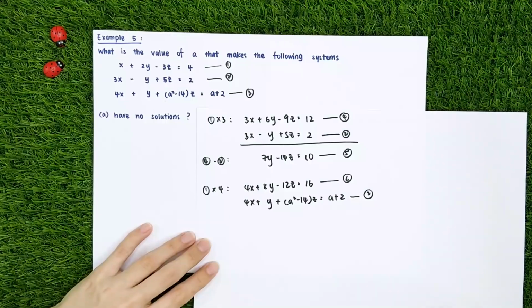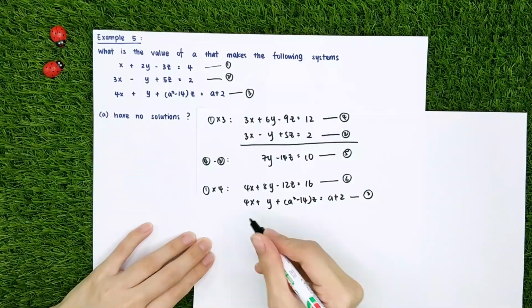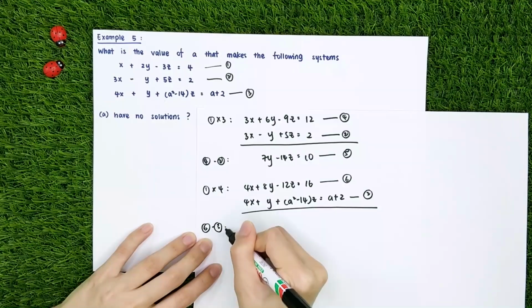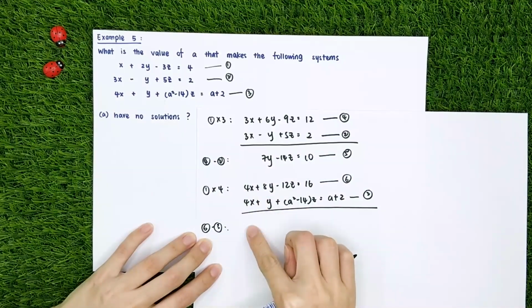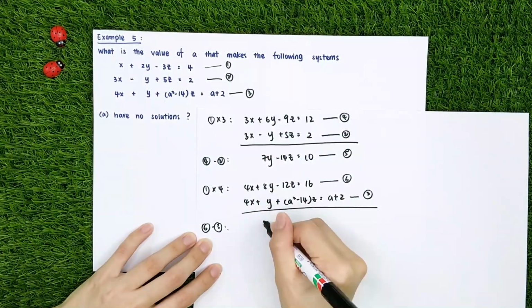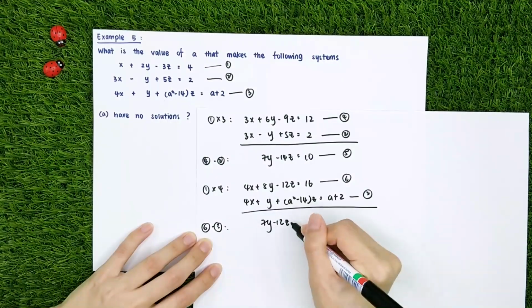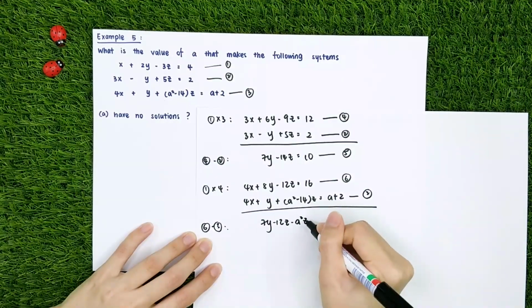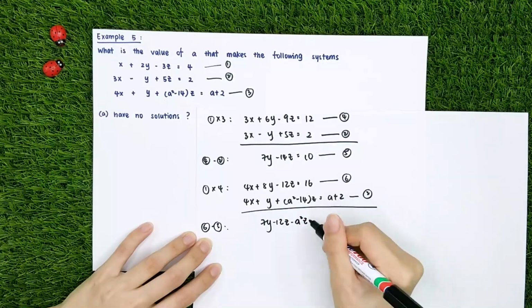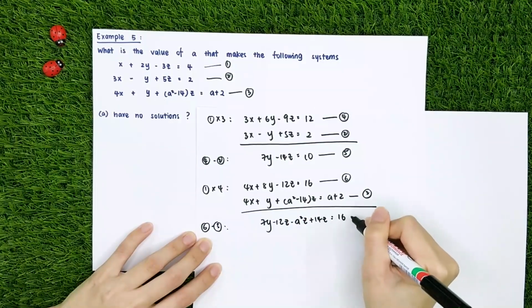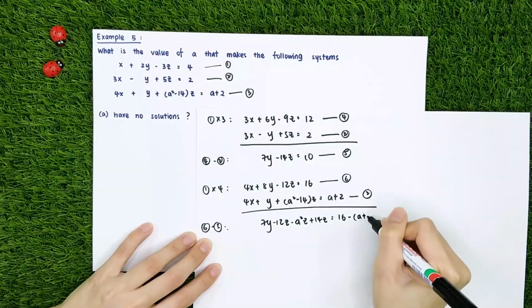Now I will use my equation 6 to minus equation 3. 6 minus 3. 4x minus 4x becomes 0. 8y minus y becomes 7y. Minus 12z minus a squared z, minus becomes plus 14z equals to 16 minus a plus 2.